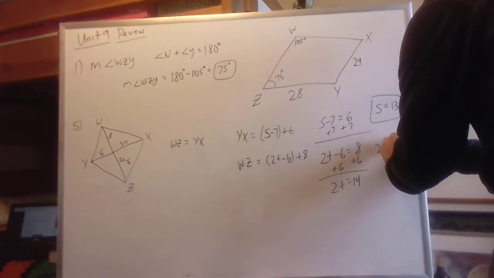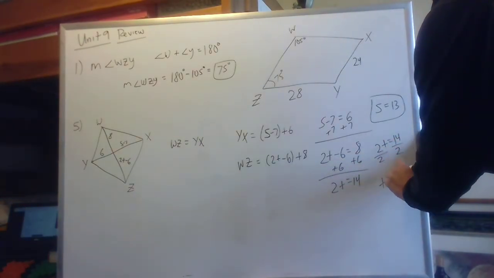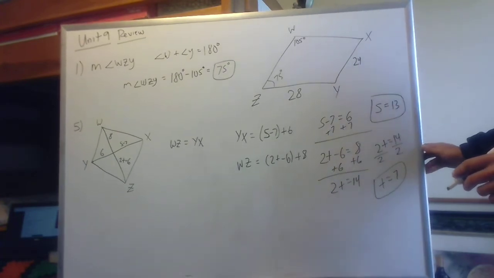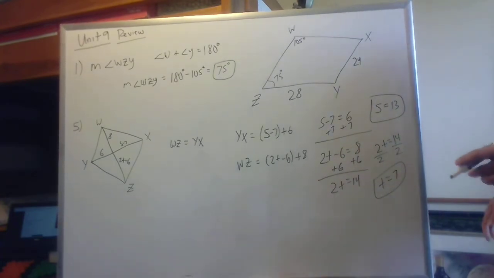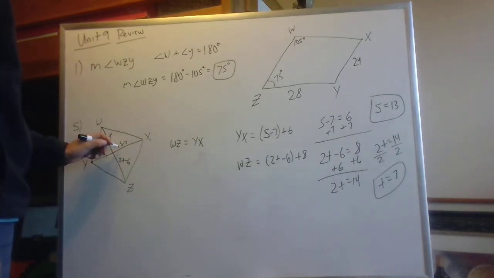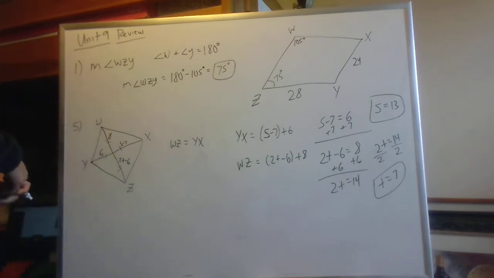Lastly, we're going to divide both sides by 2, and t equals 7. So again, in order to find the variables, we looked at the diagonals, and since these two parts of the diagonal are congruent to each other, and these two parts are congruent, we're able to set them equal to each other and solve.